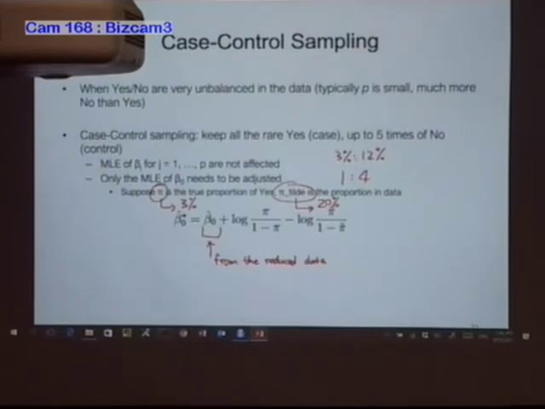Think about predicting what kind of customer will click my online advertisement. The click rate is like 1 out of 10,000. So how do you predict who is going to click that? That's very difficult, just because of the imbalance. And that also has some big implication on experiment design.